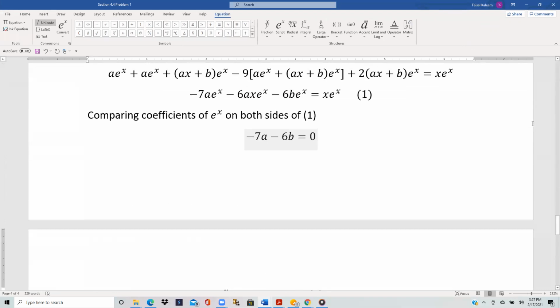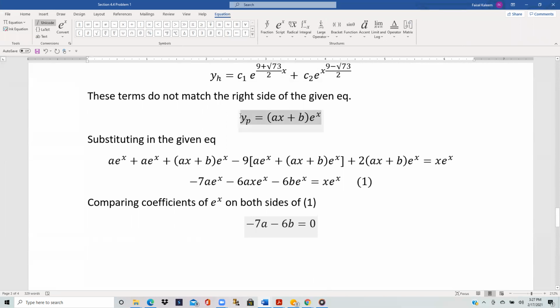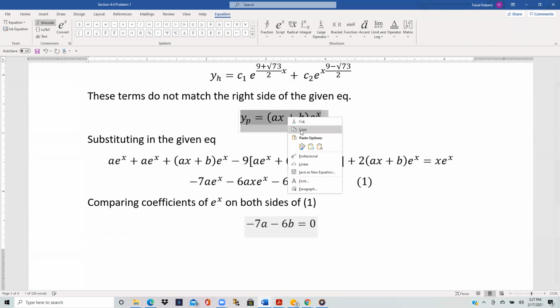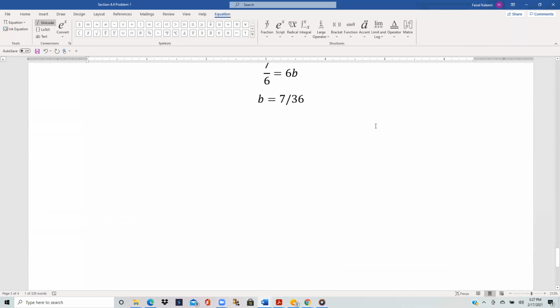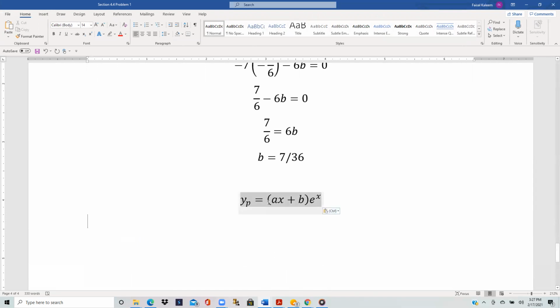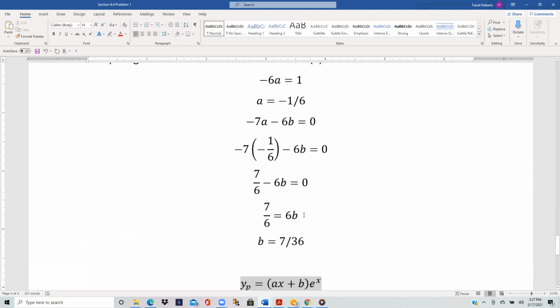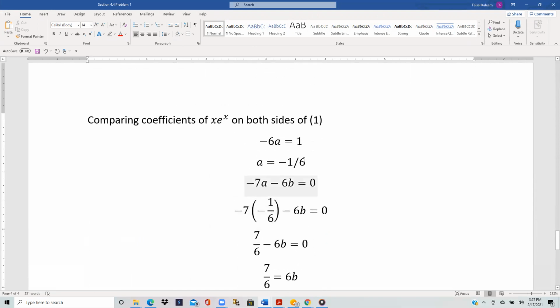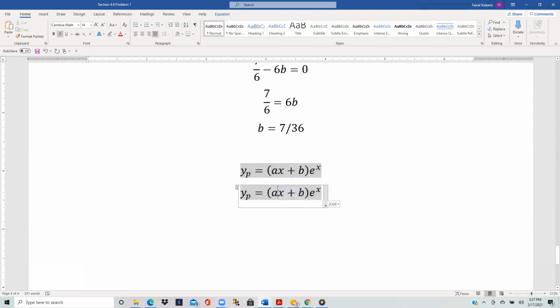So you can substitute it in here, in the yp equation. ax plus b. So a was negative 1 by 6, so negative 1 by 6x, and b is 7 by 36.